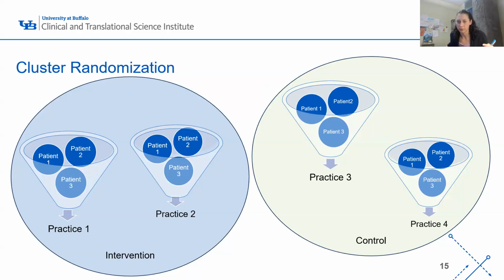So it might be a medical practice, for example. So all of practice 1 gets randomized to the intervention with all of their patients, and all of practice 3 gets randomized to the control. And this could be a clinic, it could be a hospital. I've even seen it at a community level or a county level, depending on the study. But all the individuals within that unit then get the same intervention.